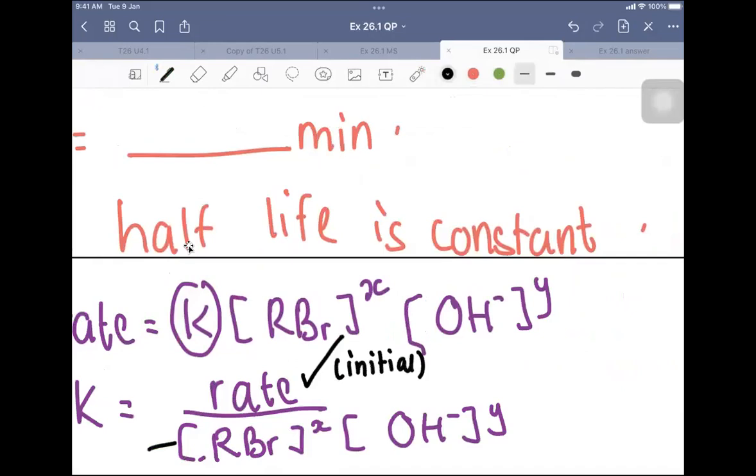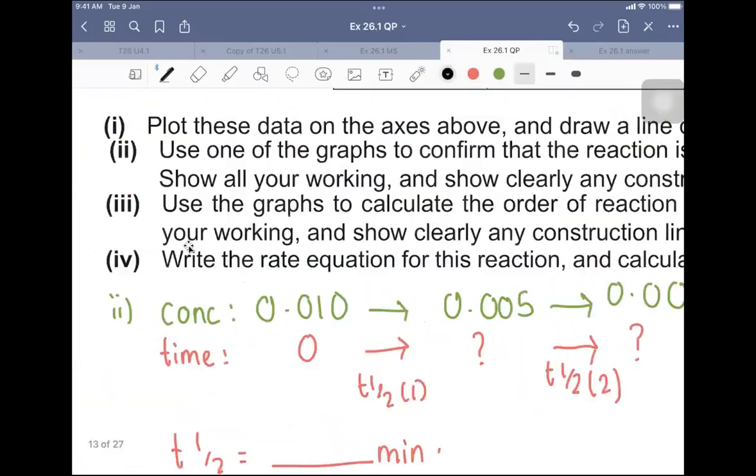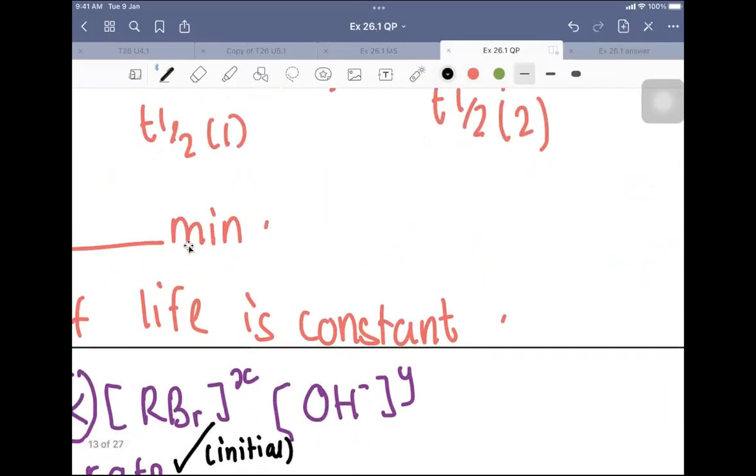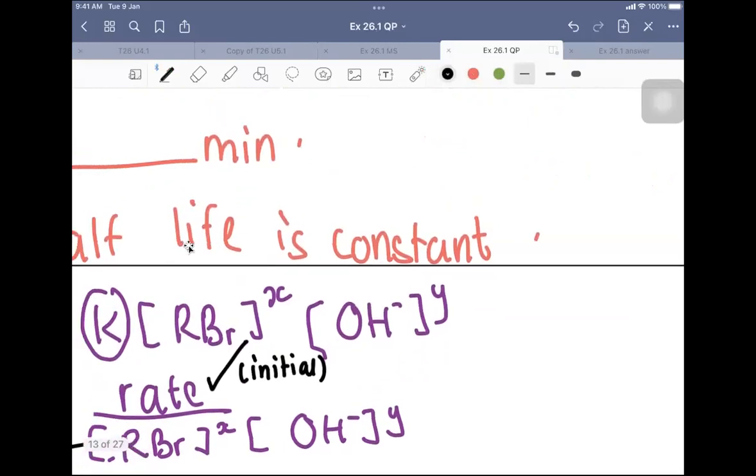RBr is our initial concentration at t equals 0. It's 0.010. And then the concentration of sodium hydroxide, oh, I've written it down as hydroxide ions. It's the same. Sodium hydroxide, hydroxide ions, it doesn't matter. But if you want to write it as sodium hydroxide, it's also not a problem. If you think that in the exam you are more likely to write down sodium hydroxide, then change it to sodium hydroxide.